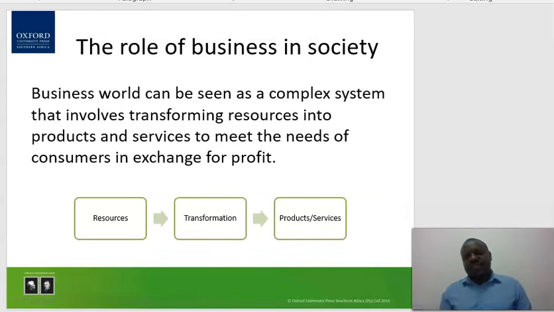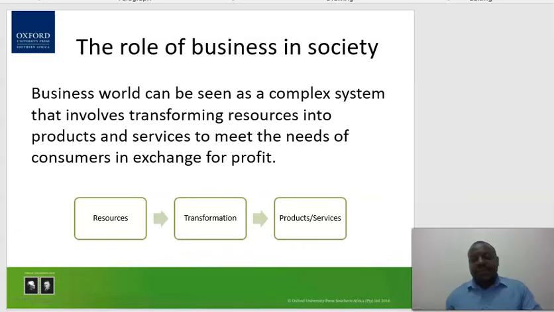So, the role of business in society. What is more important for me to mention here is to discuss the business world. And I must say, in the market economy, the business world can be seen as a complex system that involves transforming resources into products and services to meet the needs of consumers in exchange for profit.